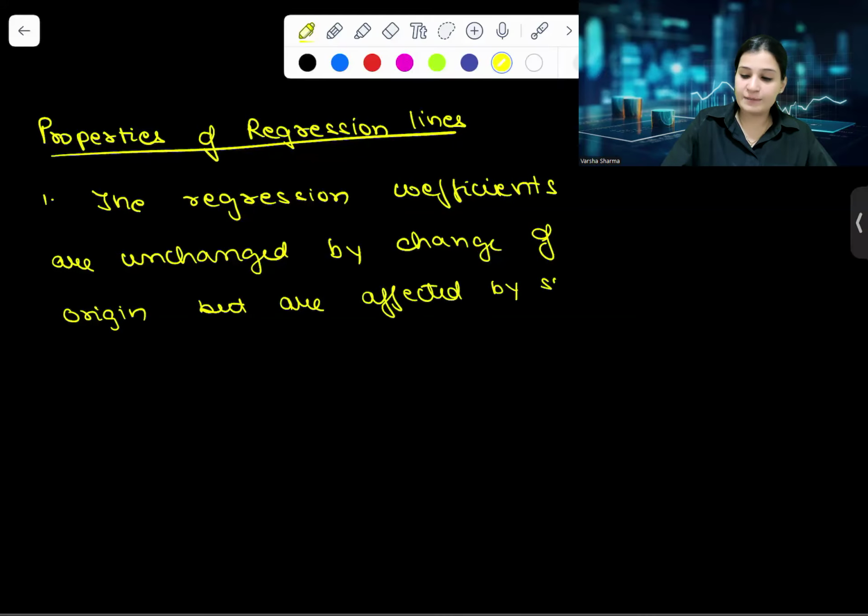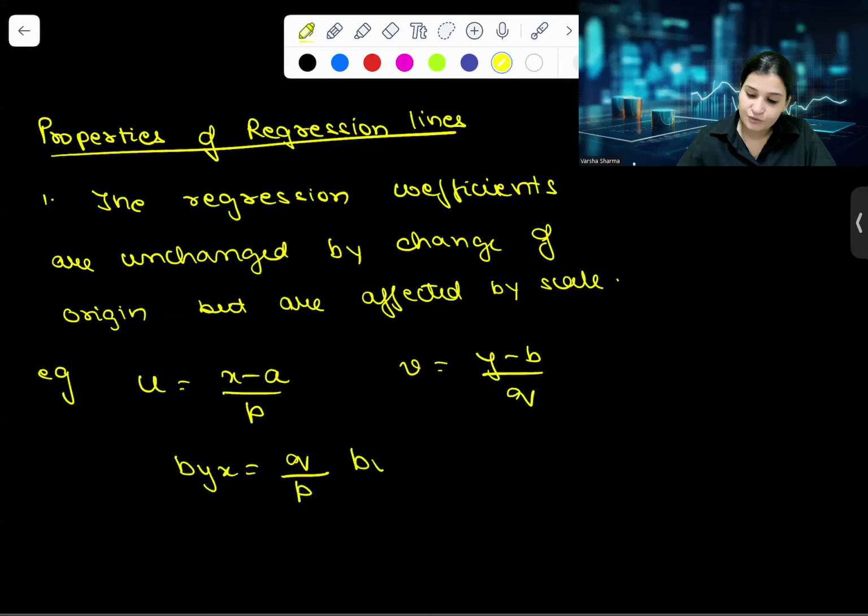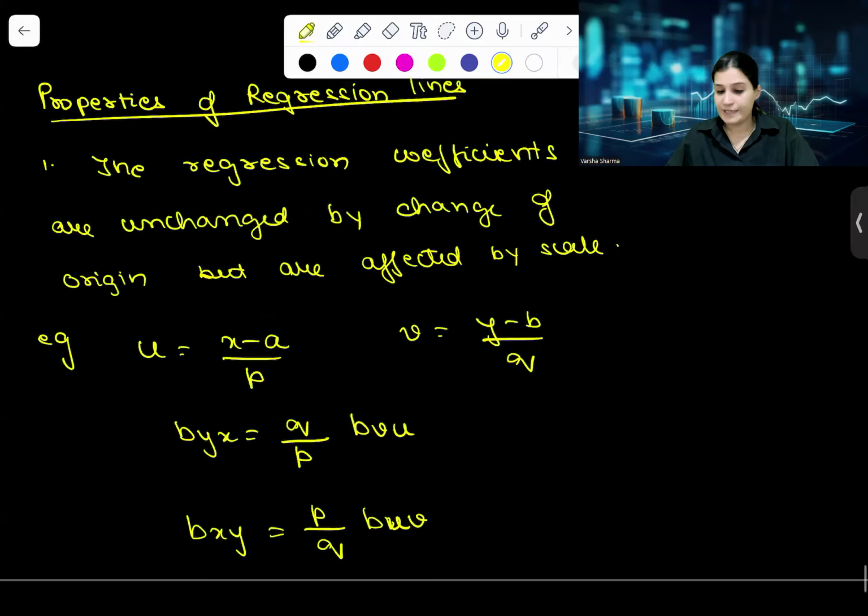For example, if we have u equals (x minus a) by p, and v equals (y minus b) by q, then byx: y is divided by q, x is divided by p. Y changes to v, x changes to u. If it would have been bxy, the denominator of x is p, the denominator of y is q, x changes to u, y changes to v.